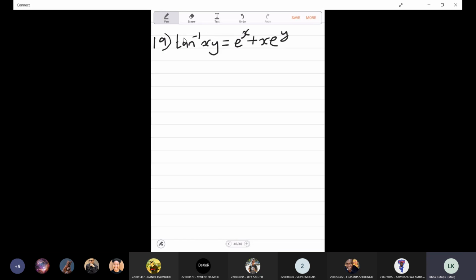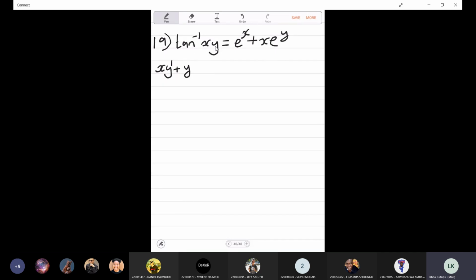So the derivative of tan inverse, we know, is in the numerator we have the derivative of the function. So the derivative of xy is x y prime plus y. So use the product rule to differentiate this.